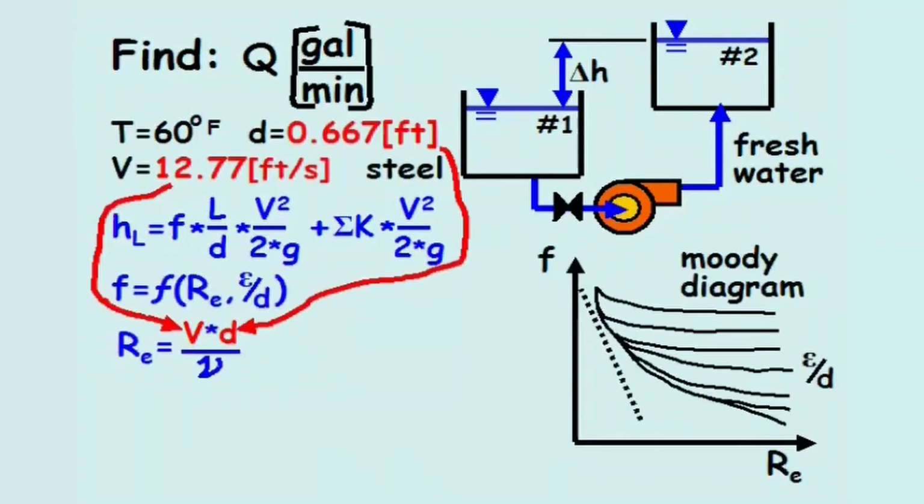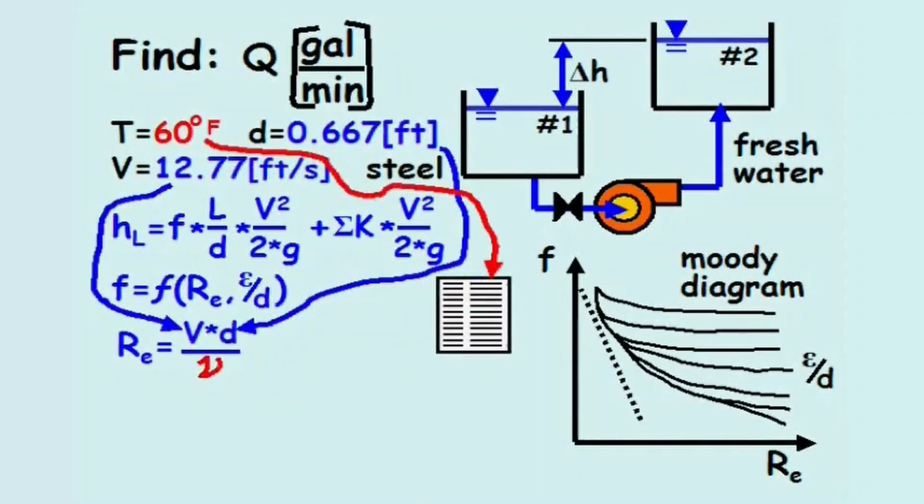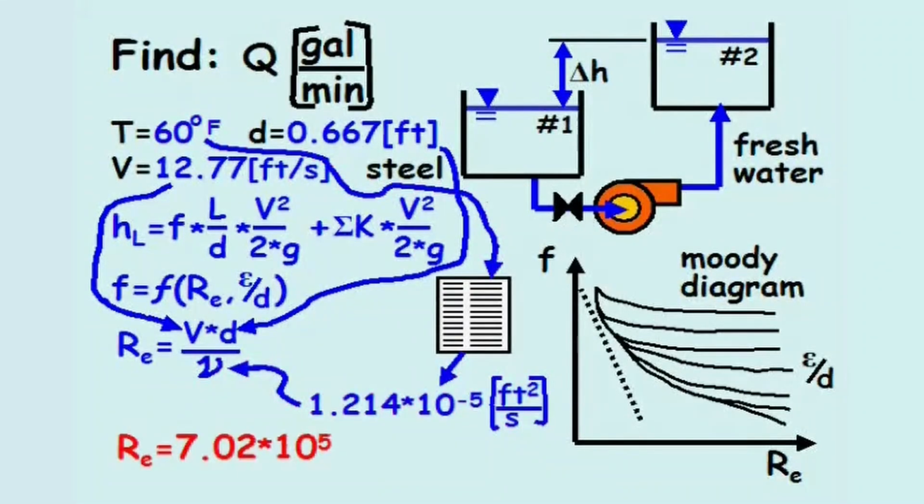We've already solved for the velocity and diameter, and the kinematic viscosity for fresh water can be looked up in a table based on its temperature. For 60 degrees Fahrenheit, the kinematic viscosity equals 1 times 10 to the negative fifth feet squared per second. The Reynolds number equals 7.02 times 10 to the fifth.